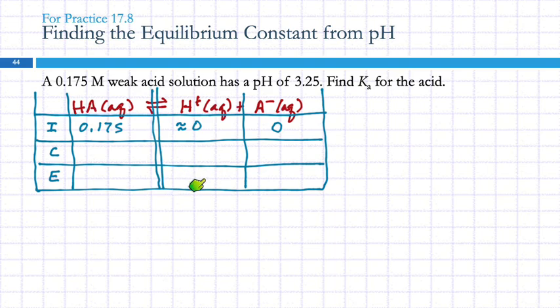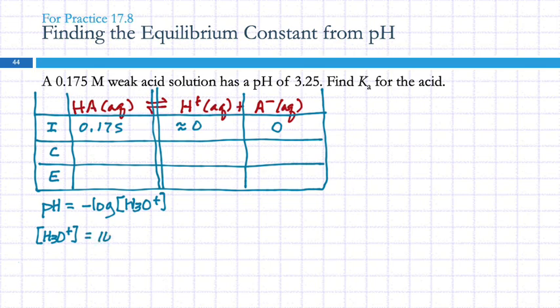We can get the equilibrium concentration of the hydrogen ion from the pH, right? So pH is the negative log of the hydrogen ion concentration. But that equation is not so helpful because that's not what we're trying to find. We're trying to find the hydrogen ion concentration.